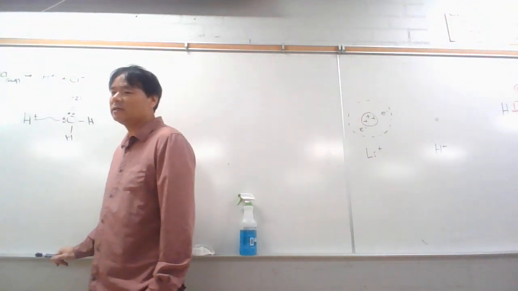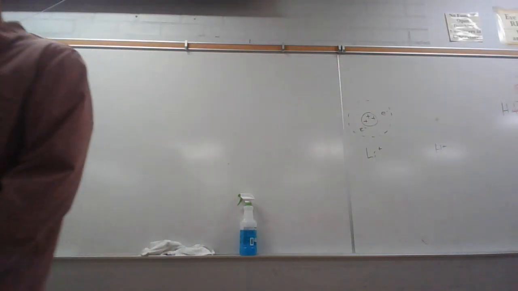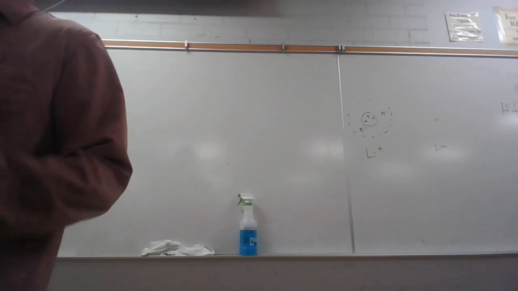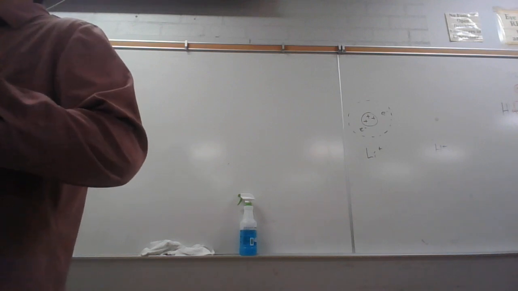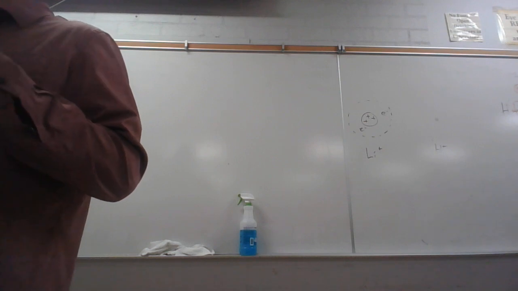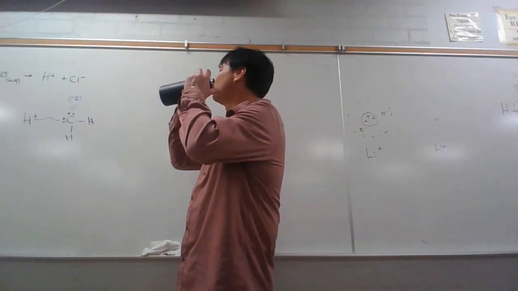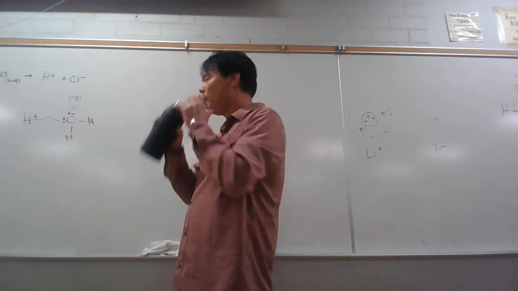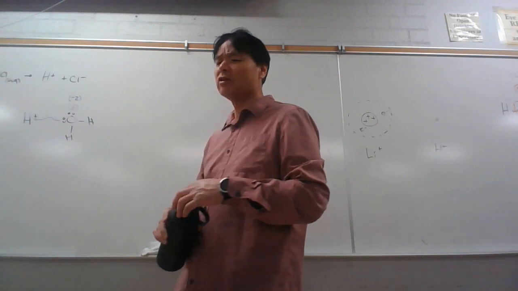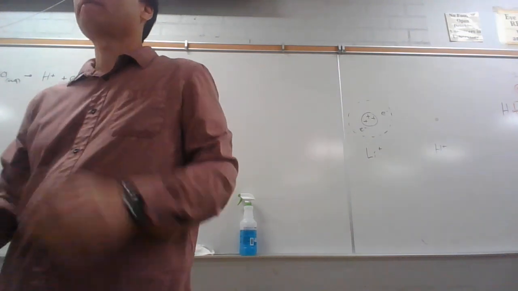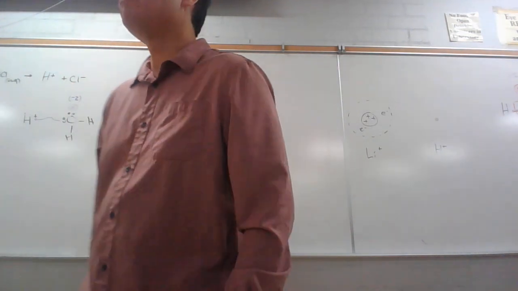We have something called delta EN to give us an idea. Delta EN, do you know what that stands for? This gives us an idea of how ionic or how covalent the bond is. So delta EN of 0 is 100% covalent.